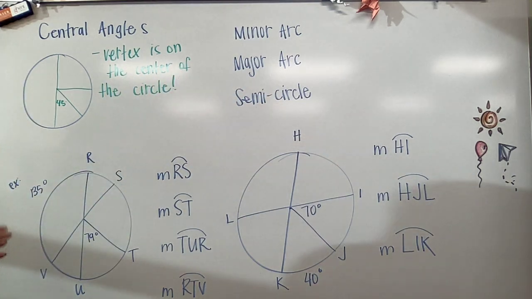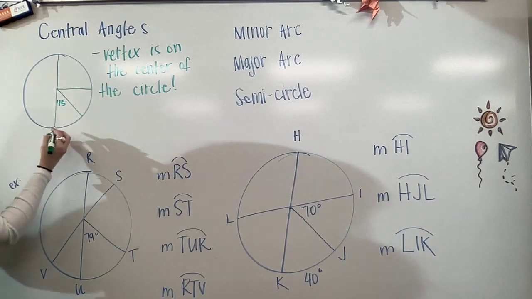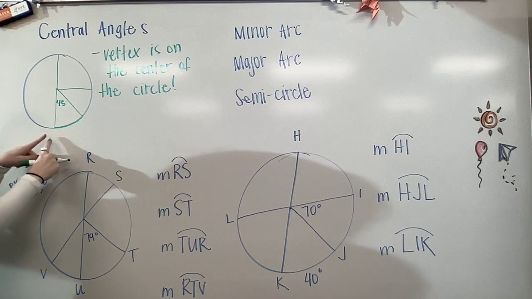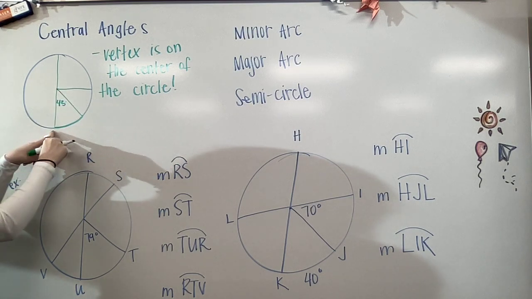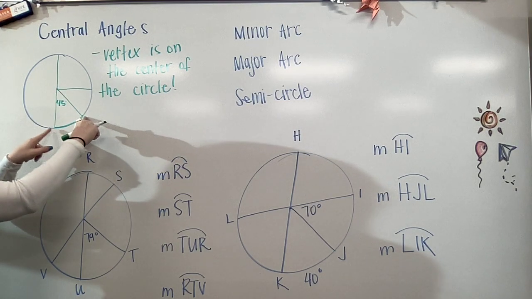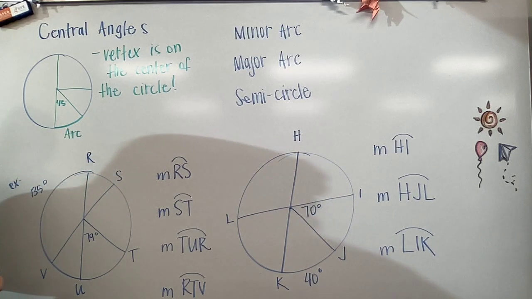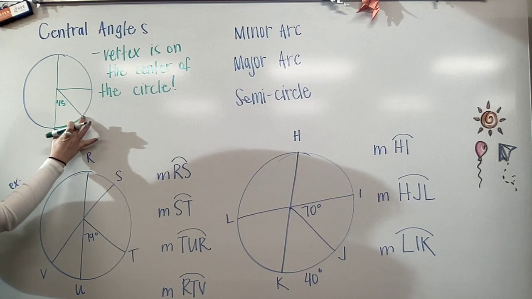Okay? And what's happening when we create these angles, we're creating these outside pieces. See where our angle intercepts are outside? This creates what is called an arc. Okay? That little piece between the angles.